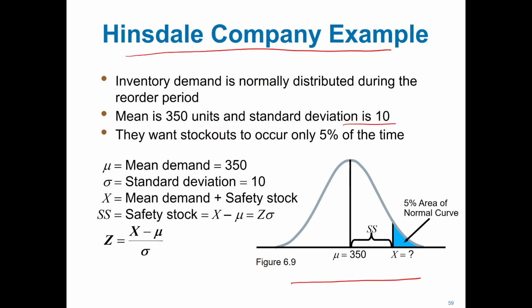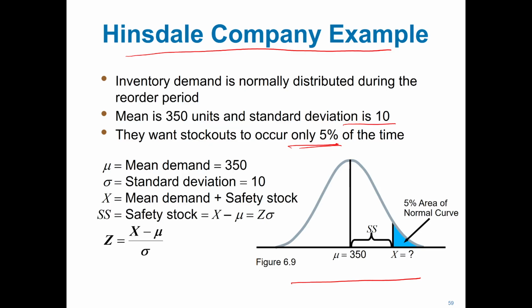We have both of these from, let's say, past experience. Then they want stock out to occur only 5% of the time. So we can live with a 95% service level. A 5% stock out is fine with us. This is their standard, let's say.